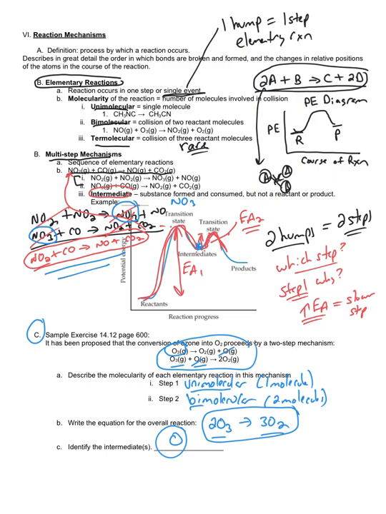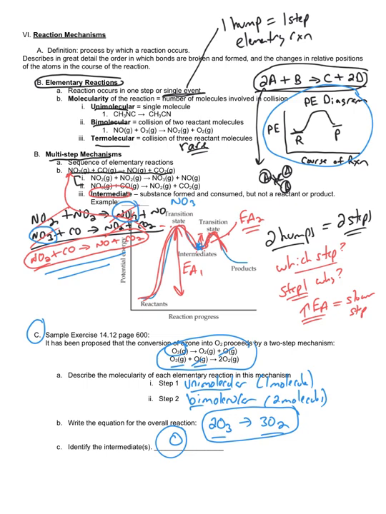Okay? So again, an elementary reaction is one in which how the reaction is written is exactly how the reaction occurs, and the potential energy diagram will show one hump. If it's a multiple step mechanism, all the steps will add up to the overall equation, and the step that has the greatest activation energy jump will be the slowest step.